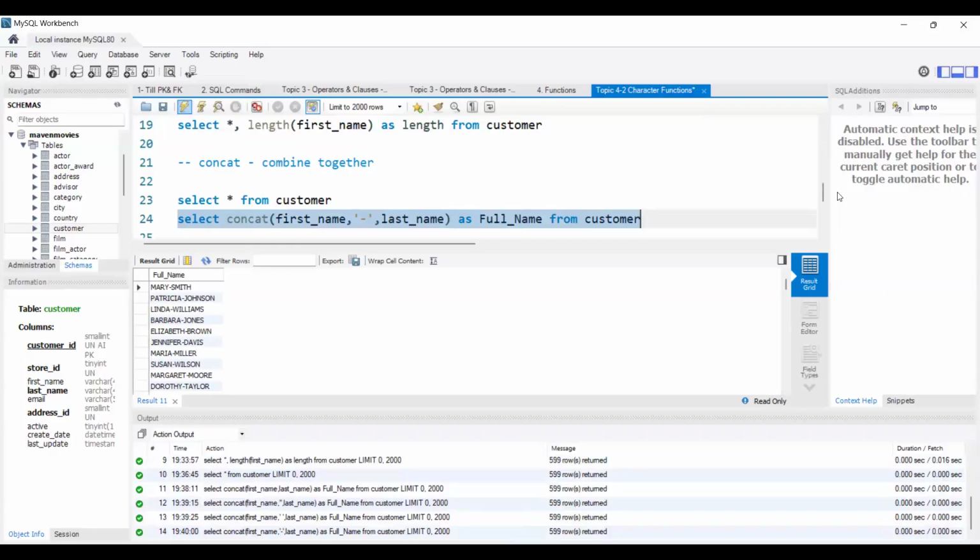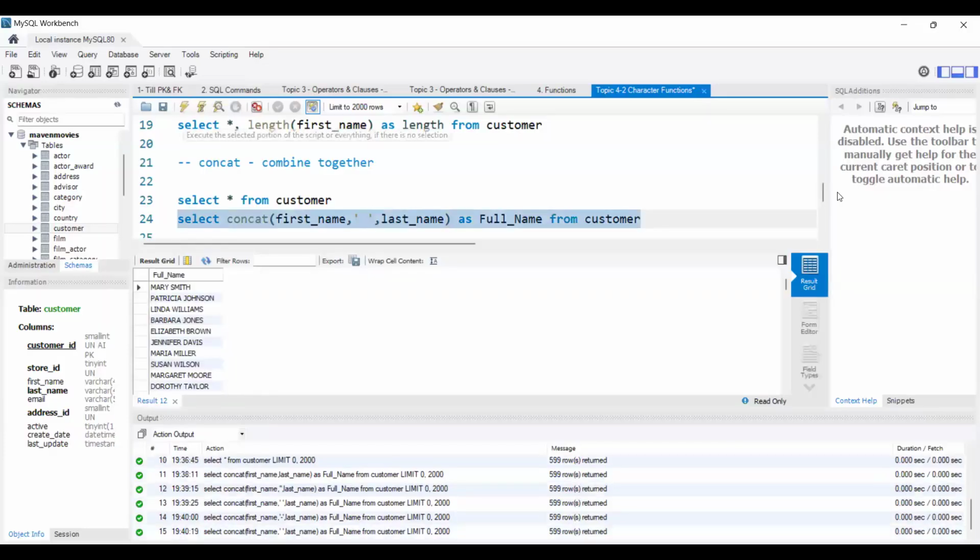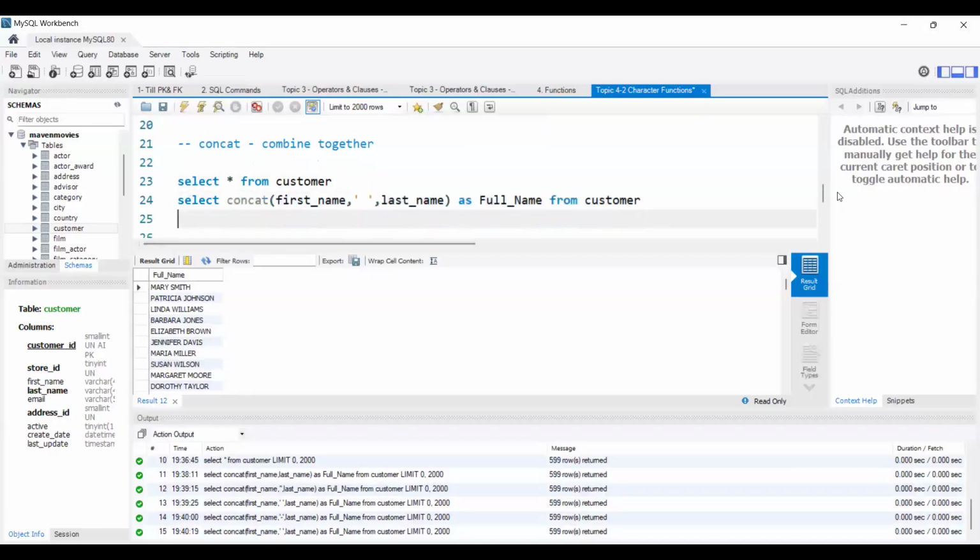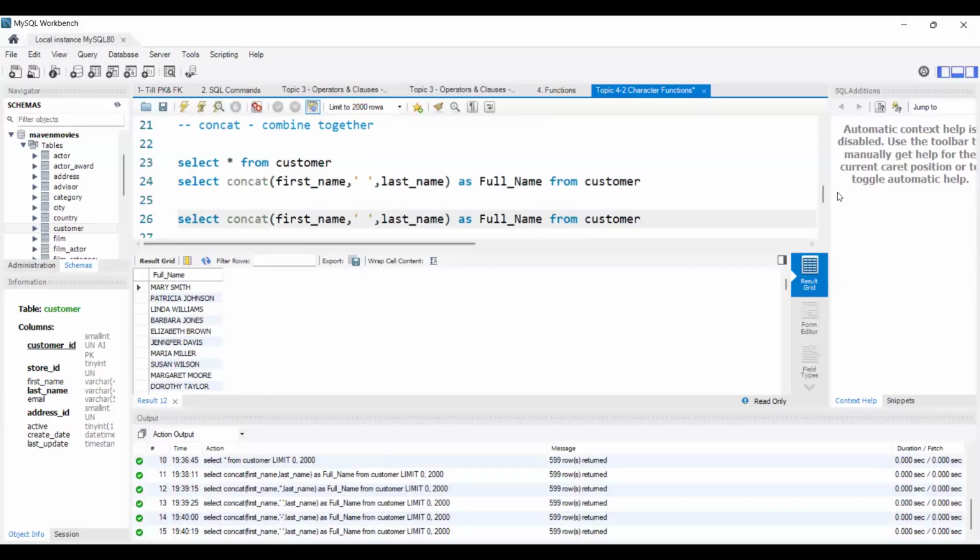Particularly, if we want to give space, we need to give space between the quotes. Whatever we want to mention in between, we need to give inside the single quotes. Let me write it. This one also will work.